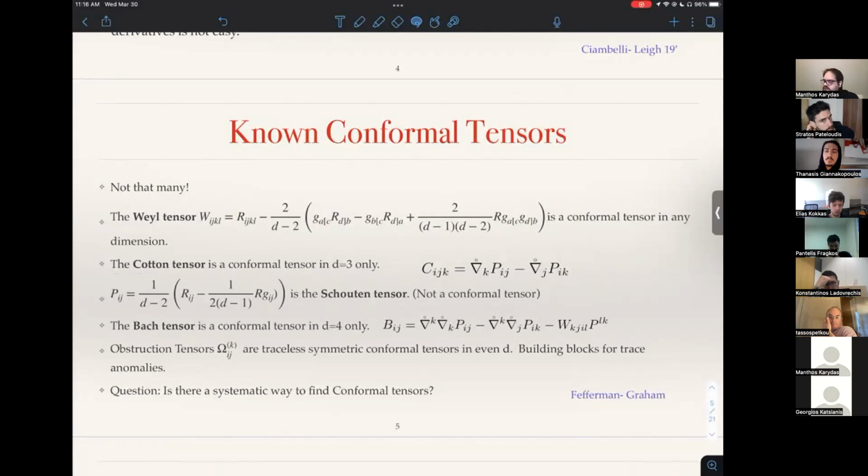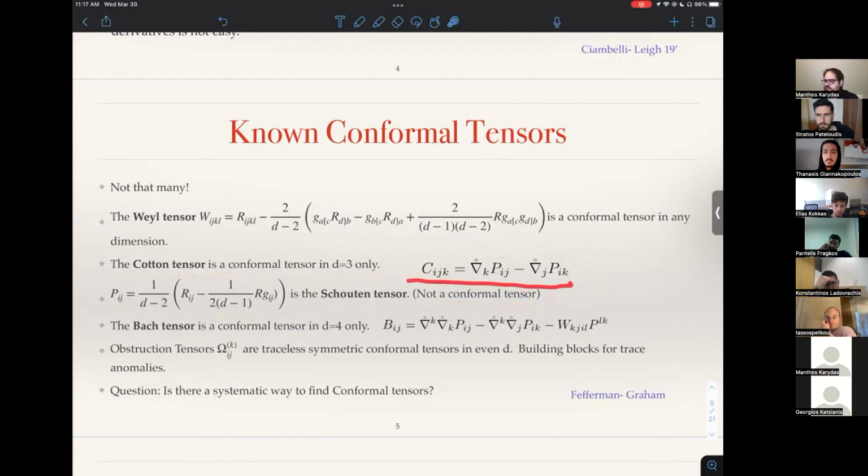Another known conformal tensor that people have found is the Cotton tensor. And this here is a formula for it. This P here is what is called the Schouten tensor, and it appears a lot in conformal geometry, but itself is not a conformal tensor, but conformal tensors are constructed out of it.